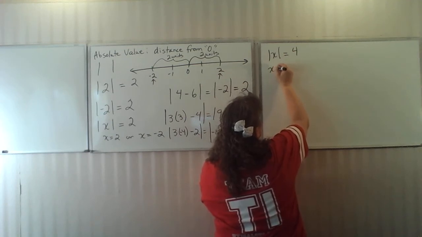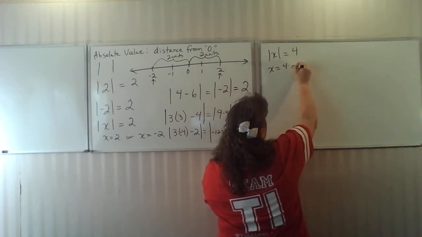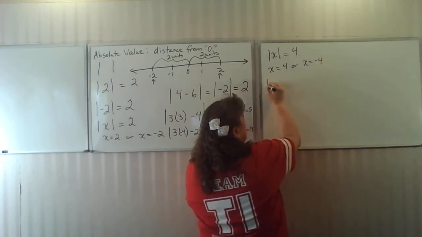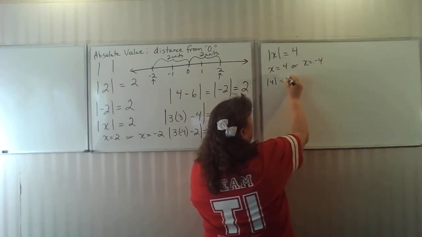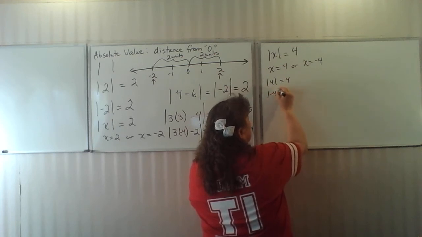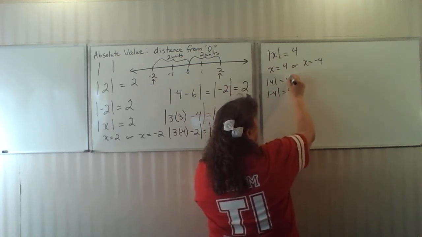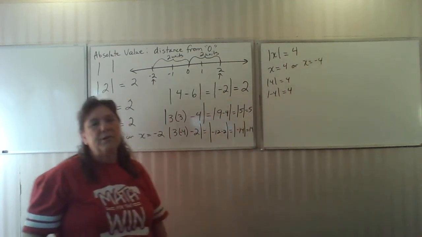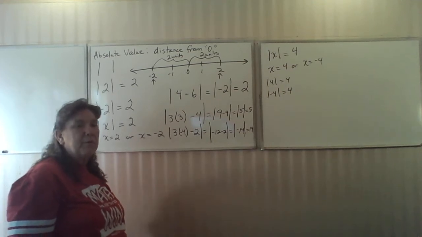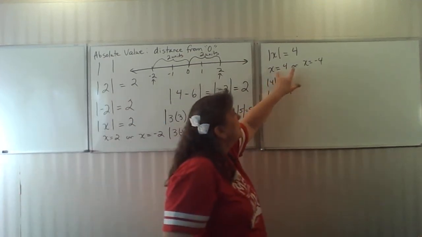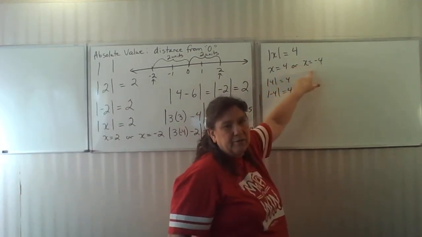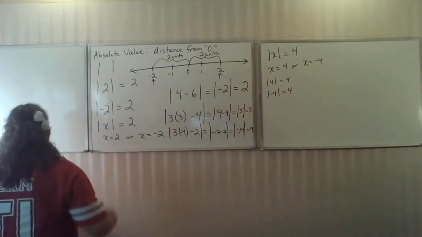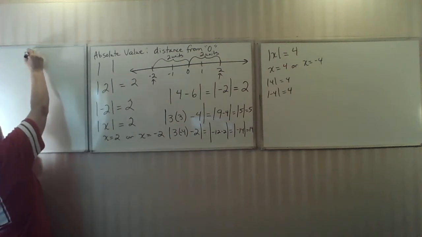Thus, x is equal to a positive 4 or x is equal to a negative 4, because the absolute value of 4 is equal to 4 and the absolute value of negative 4 is also equal to 4. Notice they are in agreement with your answer on your equation. Therefore, we know we have the right answer. So how many answers did my absolute value equation give? It gave 2 answers. And that's an important thing to remember about absolute value equations.